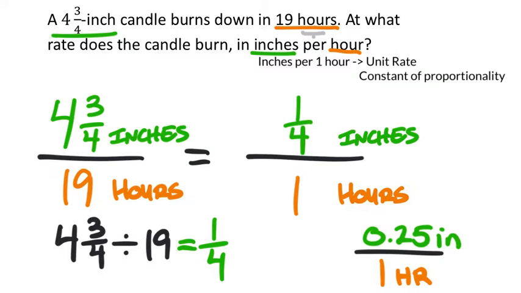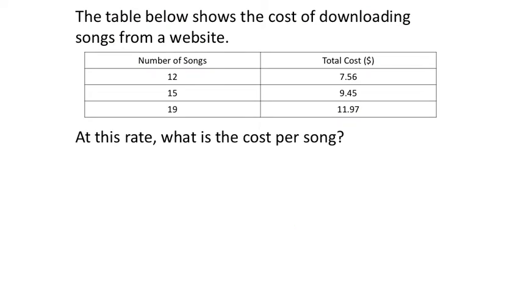I hope that felt like nothing was new, except we did add a little bit of vocabulary there with the constant of proportionality business. All right, what about a table like this one? Well, it says the table below shows the cost of downloading songs from a website. Hey, that's great. Now, the thing we get to do on this one is we get to make the assumption that the table is already proportional, okay?